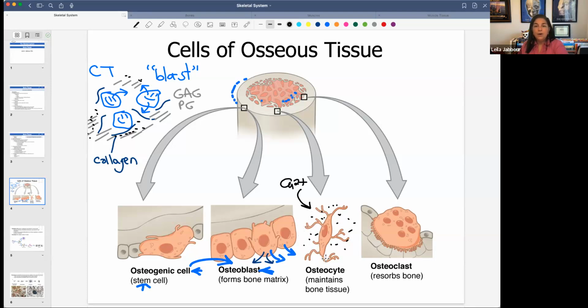The cells are trapped in what we call a lacuna, and I give the analogy of a cave. The cell is sitting in a cave like this, and all the way around the cell is just hard tissue.